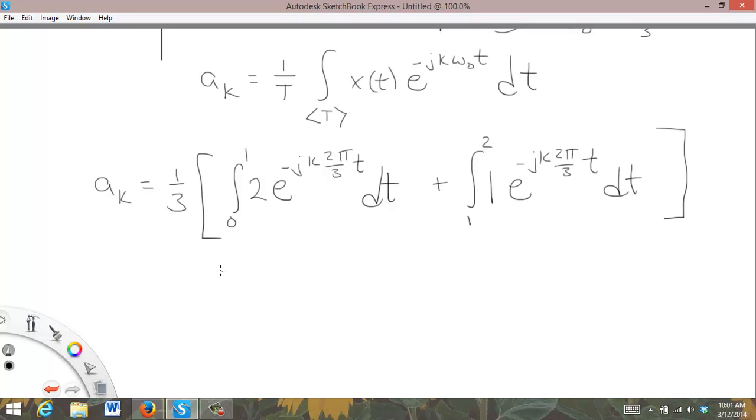Alright, so now the first integral, I'll put the 1/3 out front here.